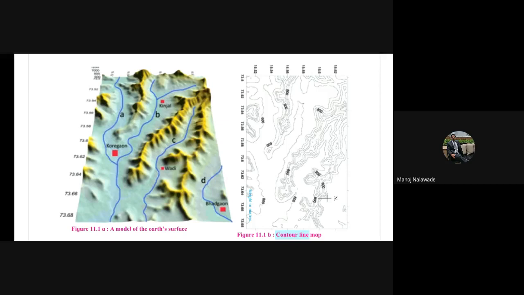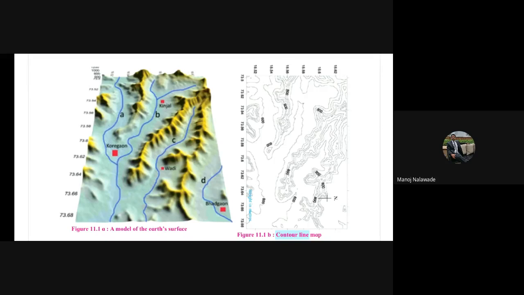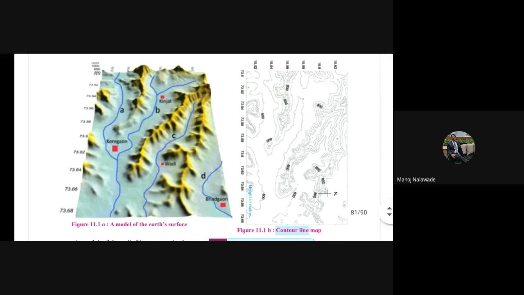There are mountains, hilly regions, mountain ranges, and in between there are plain surfaces. So here also you can see that some contour lines are shown. These are exactly the same as this graph, but shown in a different way. I hope you are able to see this analogy.